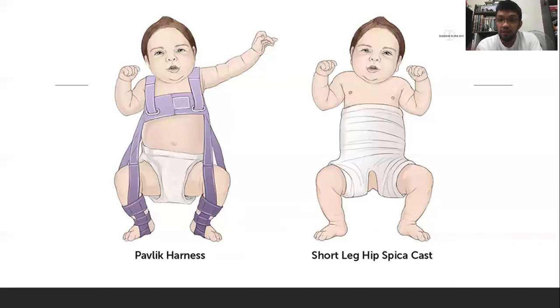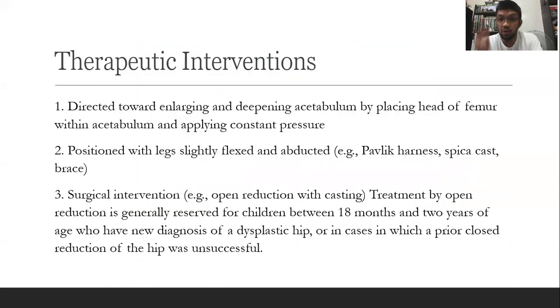But if these two are unsuccessful, the next thing that the orthopedic surgeon is going to do is surgical intervention through open reduction with casting. So they're going to open up the hip, and usually this is done for children between 18 months and 2 years who have a new diagnosis of dysplastic hip or in cases in which a prior closed reduction of the hip was unsuccessful.